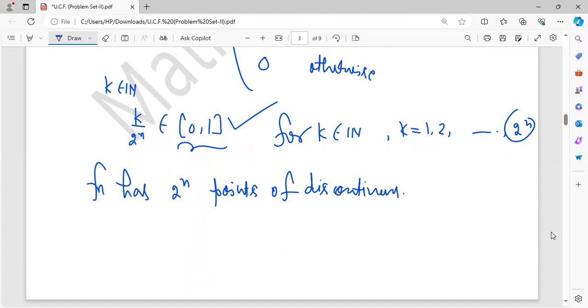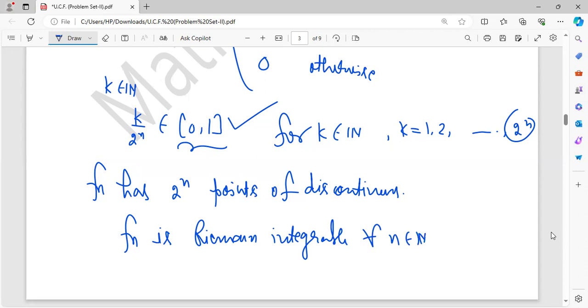If a function has only a finite number of points of discontinuity, that function is always Riemann integrable. It means f_n is Riemann integrable for all n belonging to N. But its pointwise limit is not Riemann integrable.